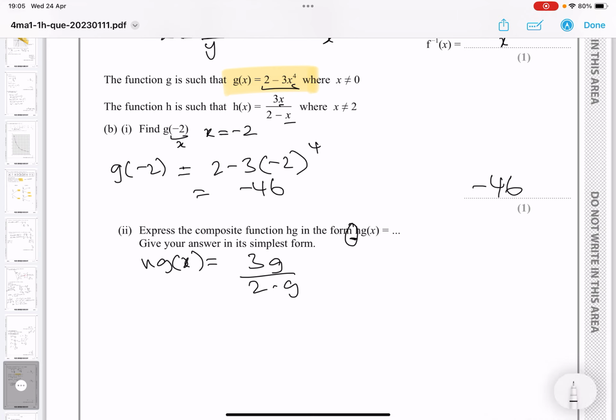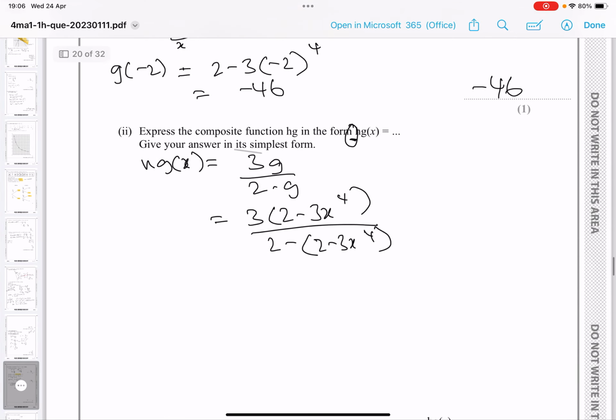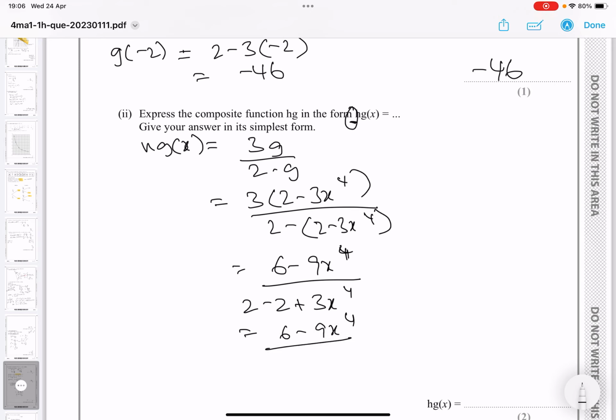And now we just have to substitute. So g is (2 minus 3x) to the power 4, so we get 3 times (2 minus 3x) to the power 4 divided by 2 minus (2 minus 3x) to the power 4. It says give your answer in the simplest form, so we have to make sure we expand everything. So that will be 6 minus 9x to the power 4 over 2 minus 2 plus 3x to the 4, which is 6 minus 9x to the 4 over 3x to the 4, because 2 minus 2 is 0.